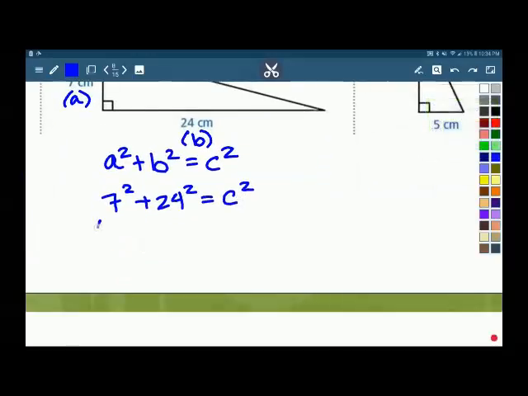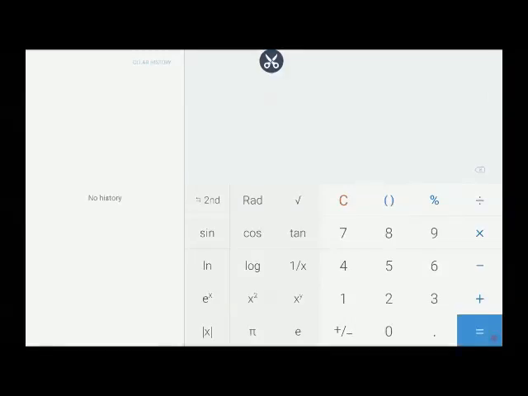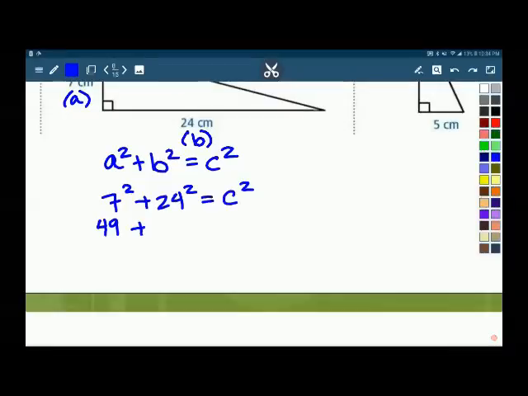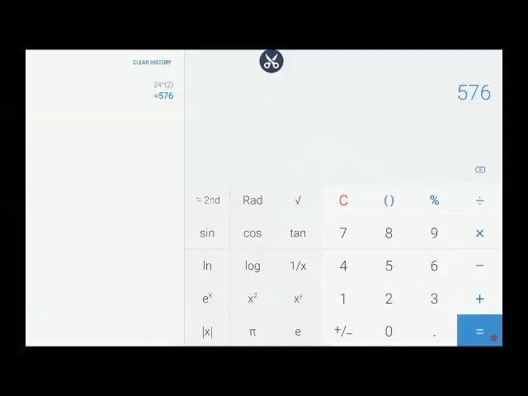7 squared is 49. 24, I don't know off the top of my head, so I'm going to have to use my calculator. There we go, 24 squared gives me 576. So 49 plus 576 is equal to C squared. You could also use your calculator again to do 49 plus 576. Now I've already got 576 still in my calculator, so I'm just going to type in plus 49.